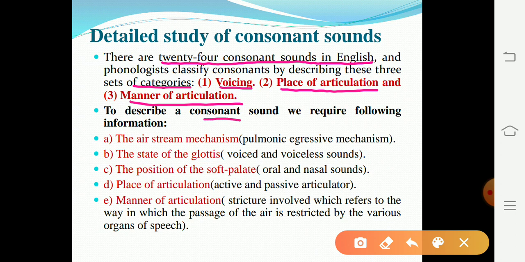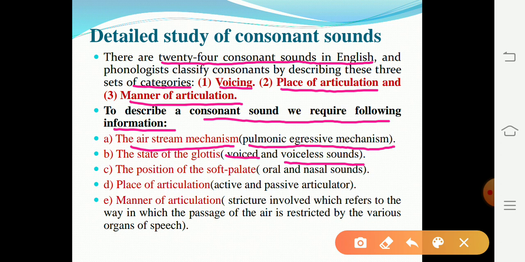To describe a consonant sound, we require the following information. Some of it I have already discussed in previous slides. First is the airstream mechanism: during the production of the sounds we make use of the pulmonic egressive airstream mechanism. Then the state of the glottis, whether the sound is voiced or voiceless. Then the position of the soft palate, oral and nasal sounds.